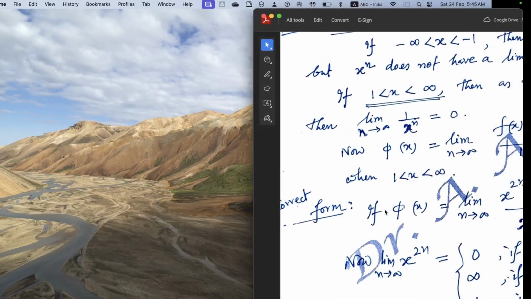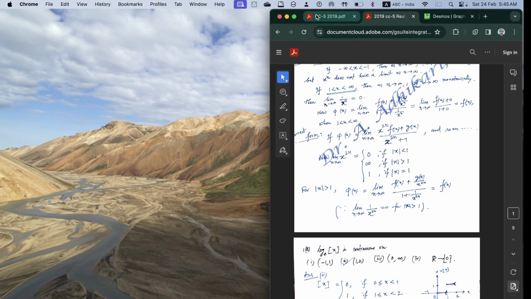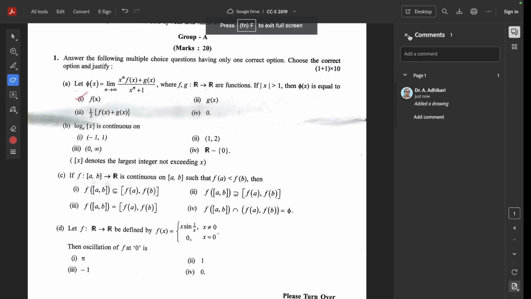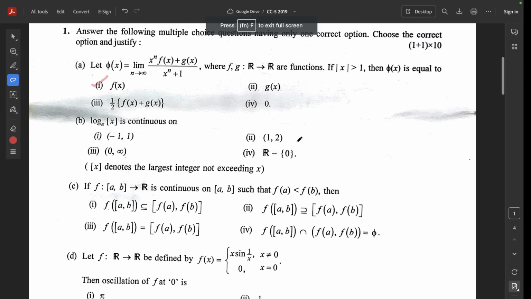Next question. Question B: log to the base e of floor x is continuous on, the answer is, the open interval (1, 2).